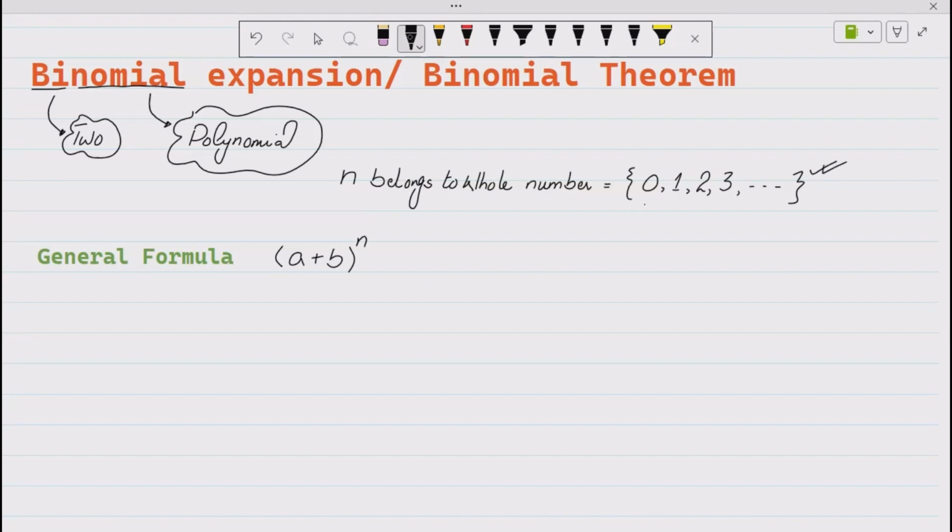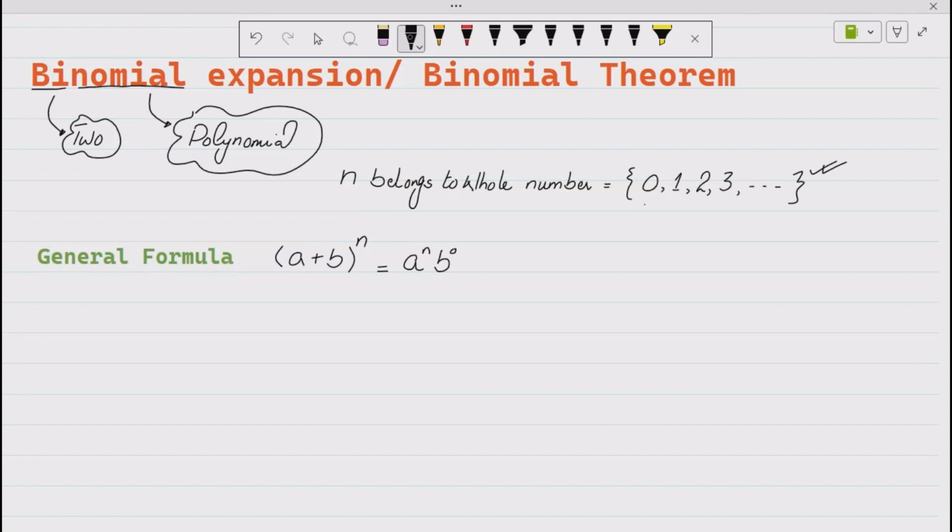Now, how to expand this formula? To expand this formula is really easy. The first thing you have to do is take a with the power n and give b the power 0. This is the first term of the binomial expansion.